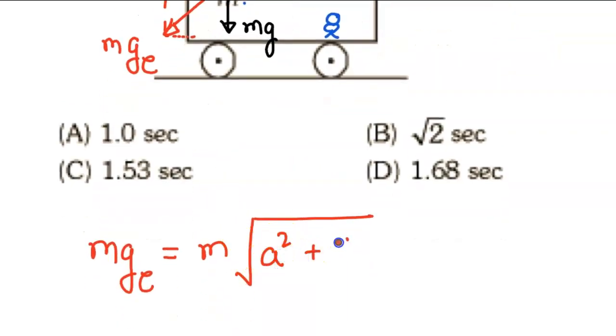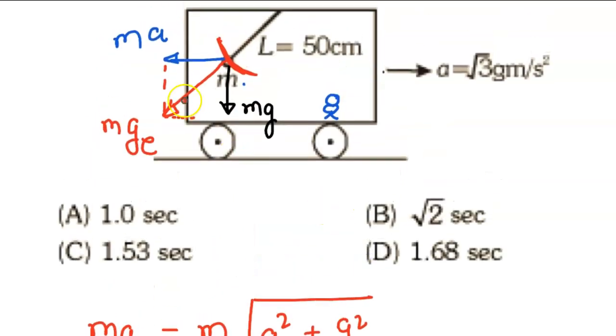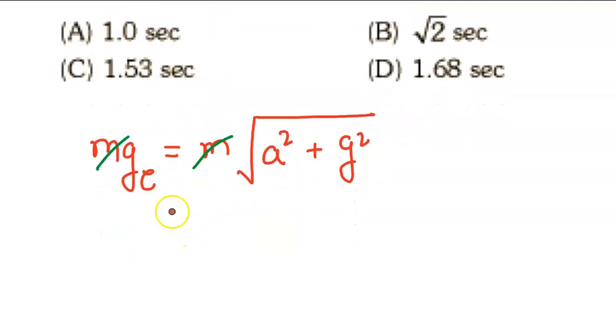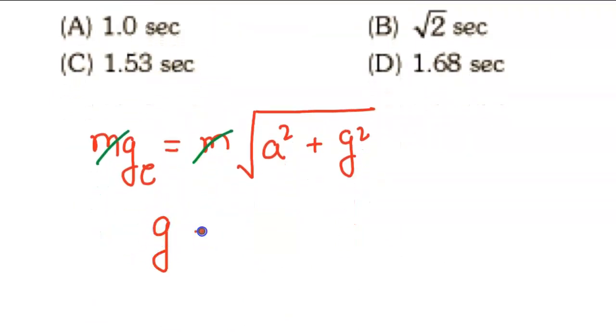I hope you understood this thing. We have used the resultant of vector formula. This is the resultant and these are the component vectors. So the resultant will be under root of (ma) square plus (mg) square, and you will get g effective. This m will cancel out and the value of g effective will be under root a square plus g square.